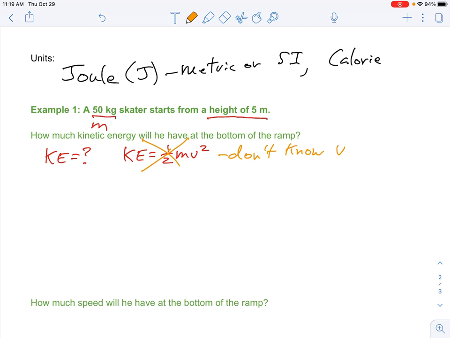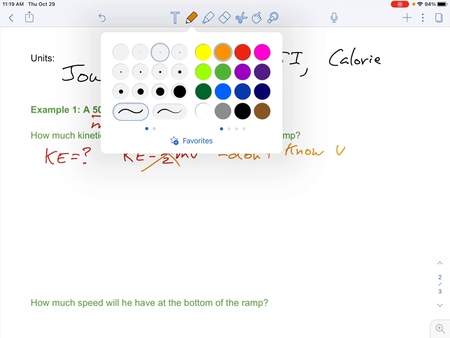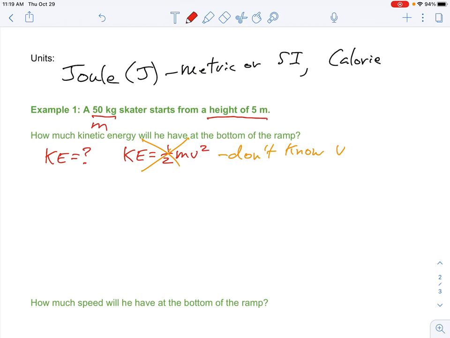So is there another way that we can do this? Yes, there is. We can use the law of conservation of energy, because the kinetic energy that he'll have at the bottom, we know is going to equal the potential energy that he has at the top.